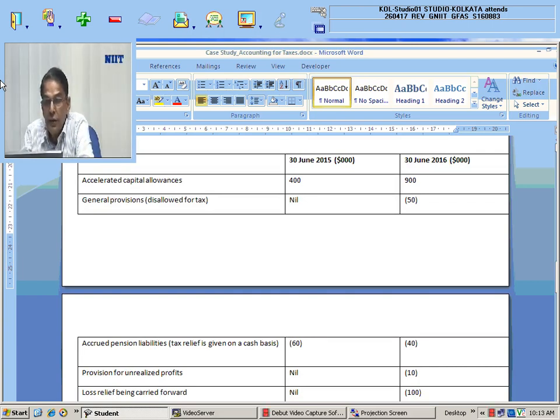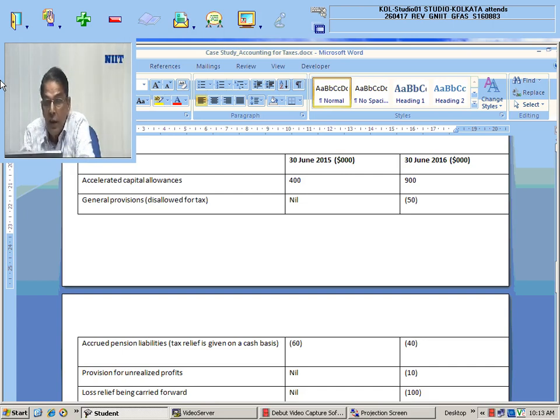General provisions, which is disallowed for tax, is minus 50. Accrued pension liabilities is minus 40. Provision for unrealized profit is minus 10. And loss relief being carried forward is minus 100. So 900 minus 50 minus 40 minus 10 minus 100 is 700.